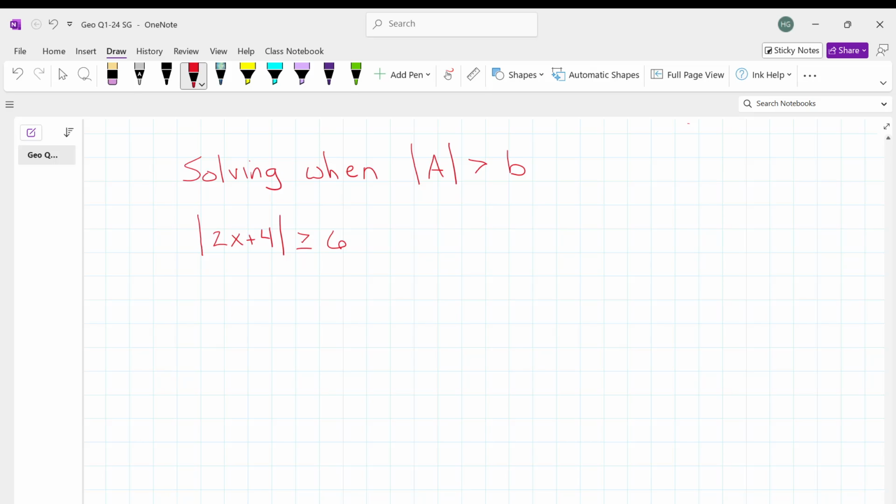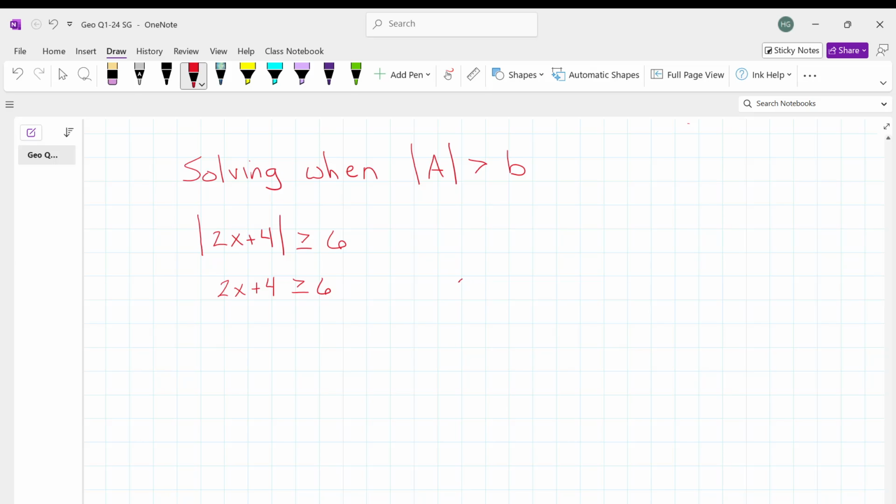Now, when this inequality is pointing to the right, or when it's greater than, it's very similar to what you did on Monday. We have to rewrite two equations now. We're going to rewrite it as 2x plus 4 greater than or equal to 6. And now when we rewrite this second equation, be careful.